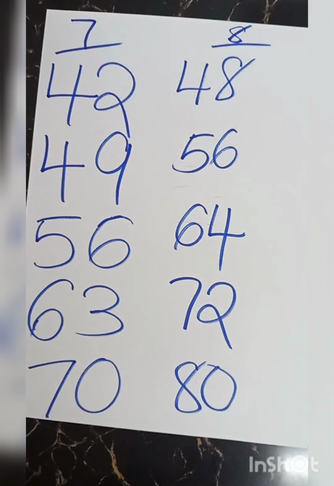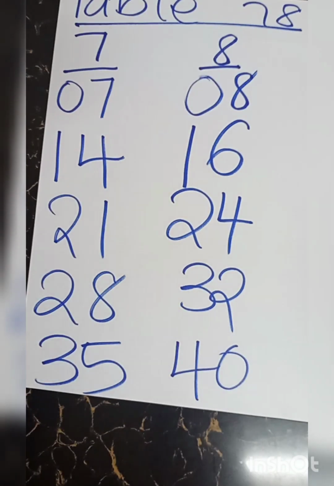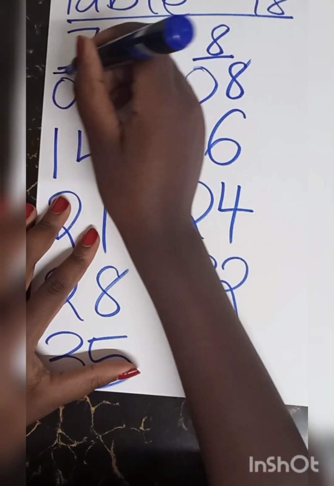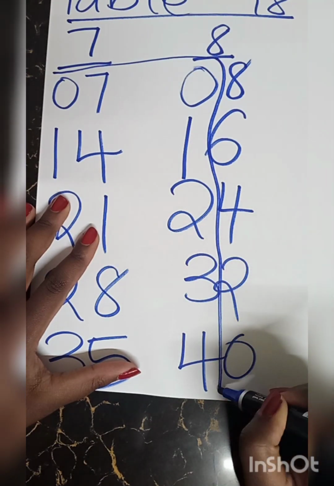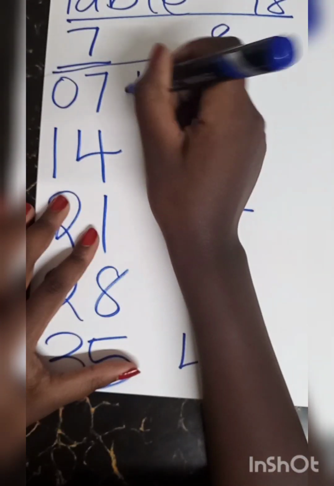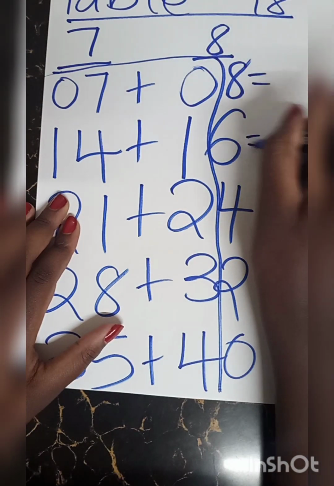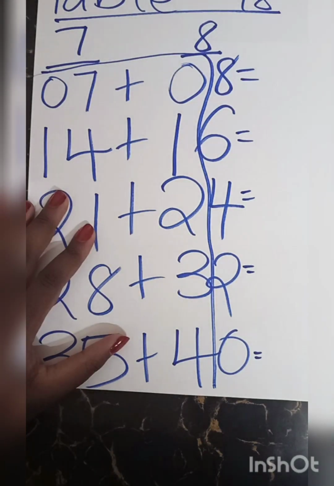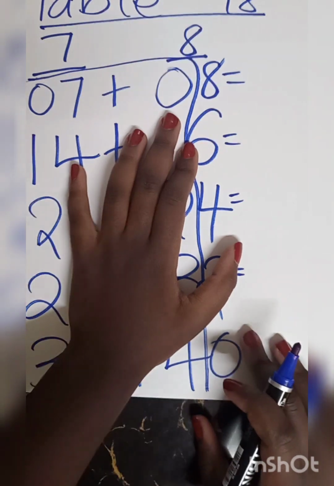So let's add these numbers. This is what you're supposed to add. Okay? 7 plus 0 is 7.